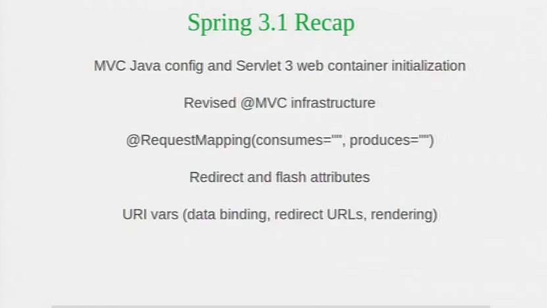I think maybe still a lot of people aren't quite aware of this, but just like you have request parameters and you can map onto an object, you can also do the same thing from path variables or URI variables. You can include them in redirect URLs, so if you're redirecting from your controller, you have a string and you can put URI variables in that. Also during rendering, those path variables become automatically available.